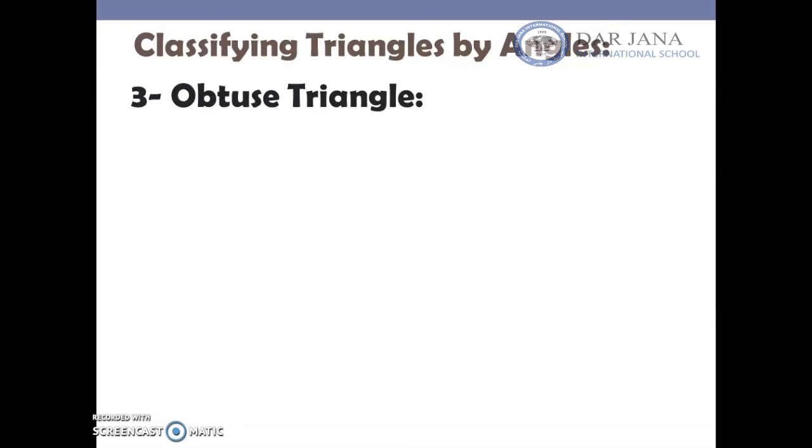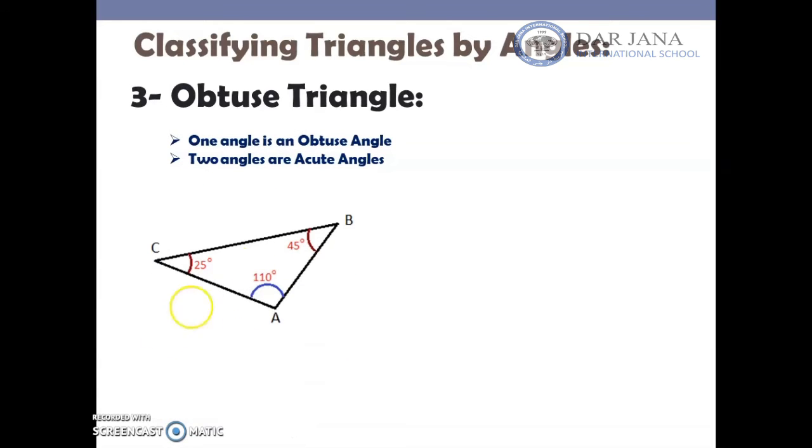Obtuse triangle. An obtuse triangle, obviously, must have one obtuse angle, and obviously the other two should be acute angles. I'm going to give you an example here. Here you have 110 degrees, this is an obtuse angle, obviously, and 25 and 45 are acute.